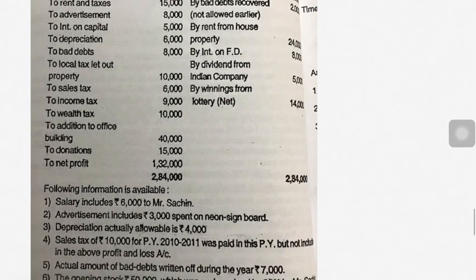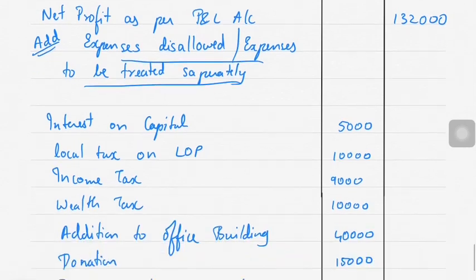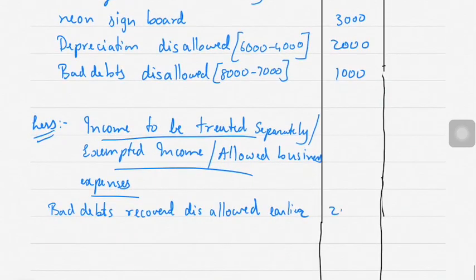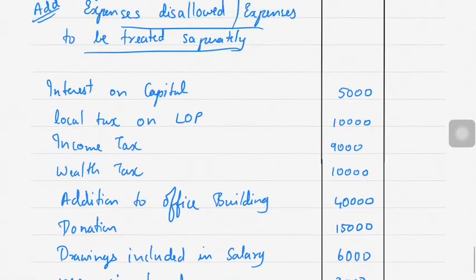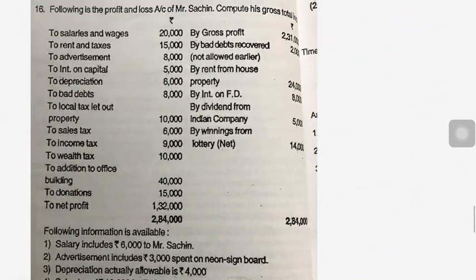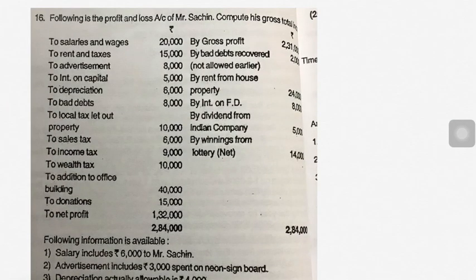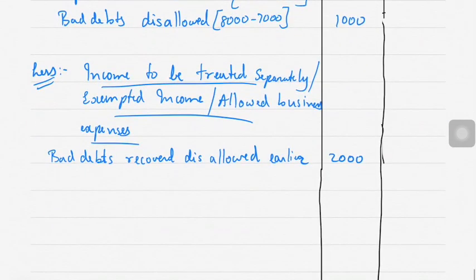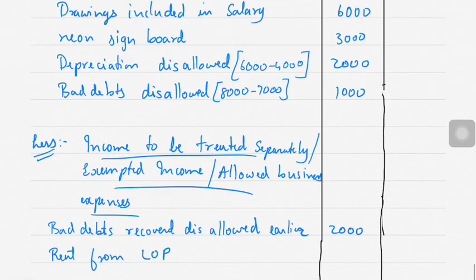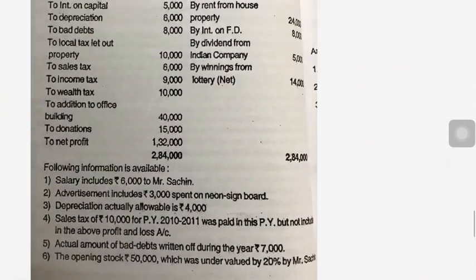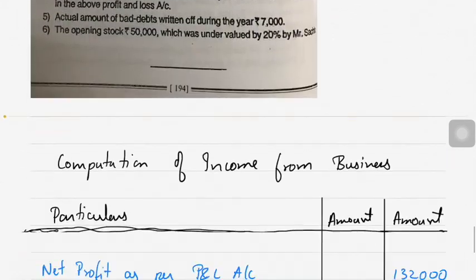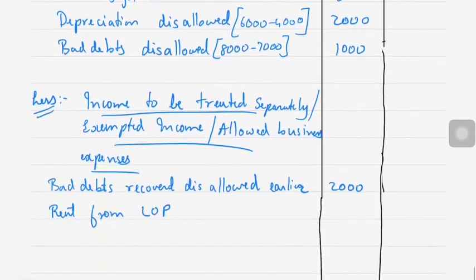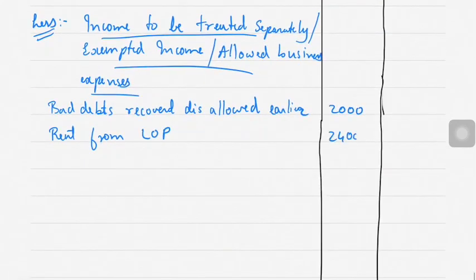Please pardon my spellings, which is 2000. Next, by rent from house property. Which is 24,000.